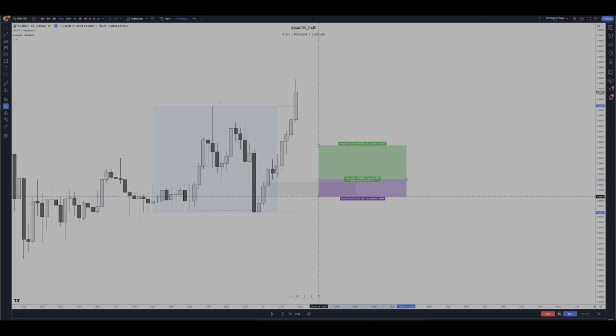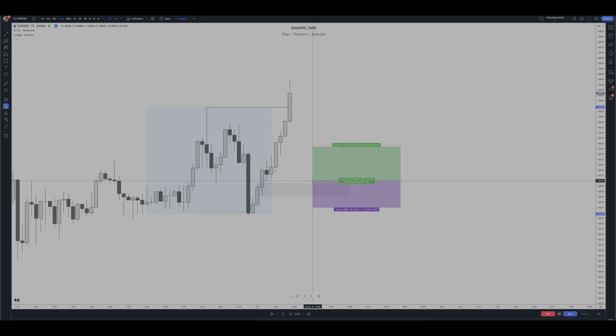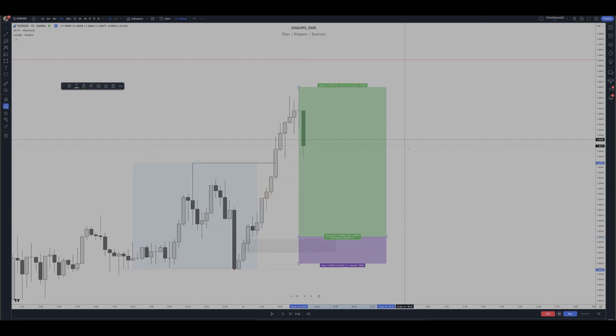So I'm gonna add some extra to the bottom and to the top till 2.5 pips stop loss, right? And I'm gonna put my entry just attached to the liquidity to be sure that the price eventually is gonna tap me. And I'm gonna target the high of the range, which is gonna be this one right there.